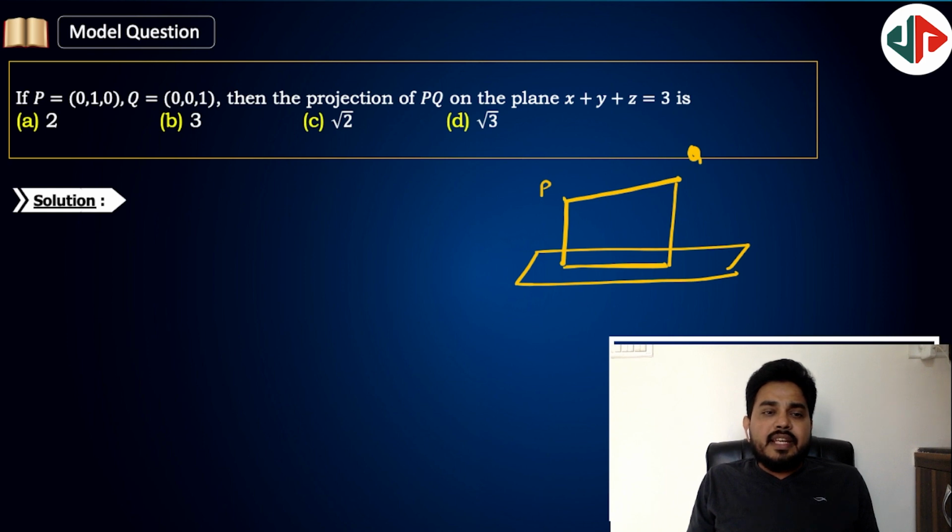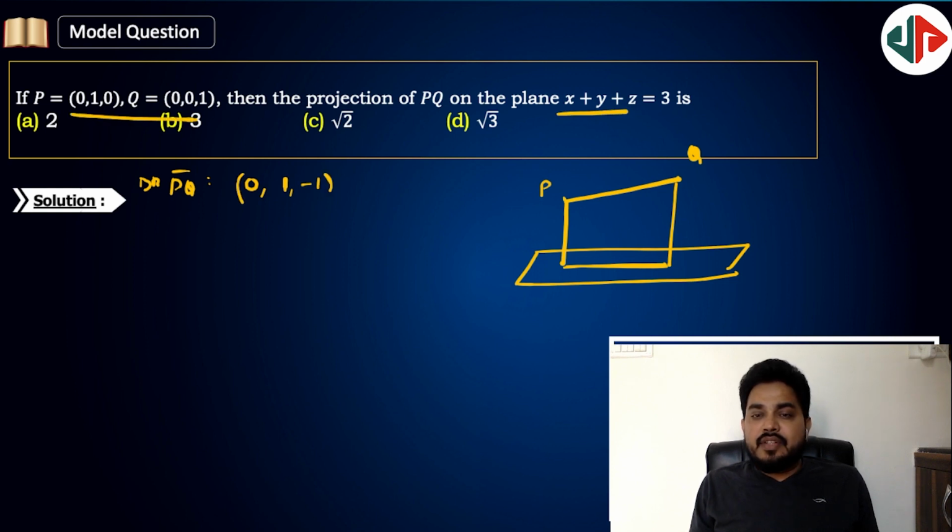So what will be the DRs of PQ? DRs of PQ will be 0, 1, minus 1. So this is perpendicular to this, the DRs of the line perpendicular to the normal.